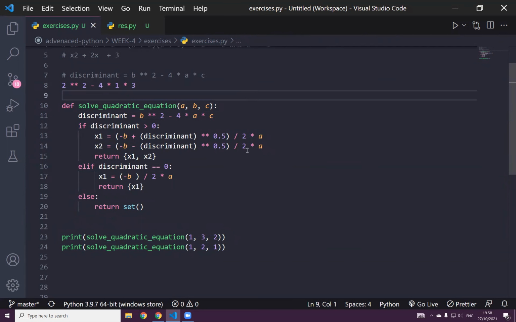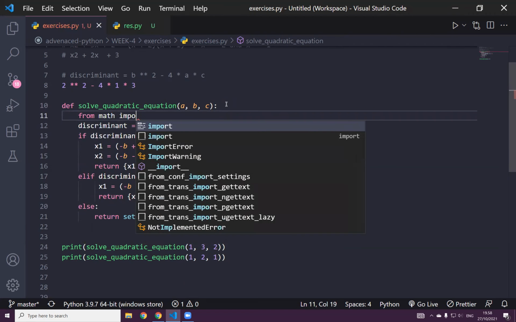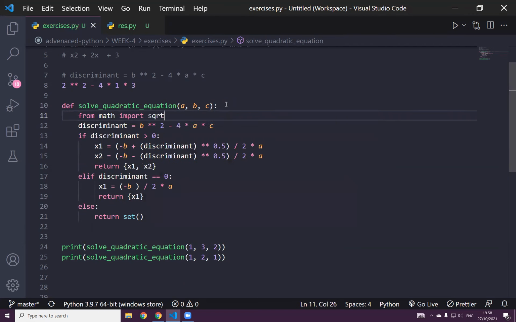As you guys mentioned also, you can use this 0.5, or you can also use import from math. So from math import sqrt.